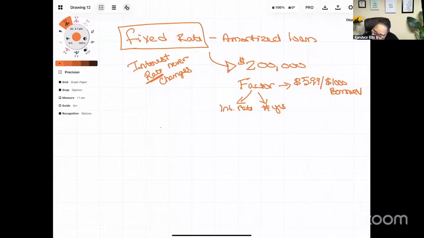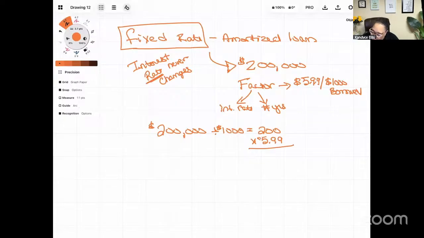So there's the $200,000. If we want to know how many thousands there are, we divide by 1,000. So we get 200. So we're going to pay $5.99 200 times. So your monthly P&I payment is 200 times 5.99 equals $1,198.